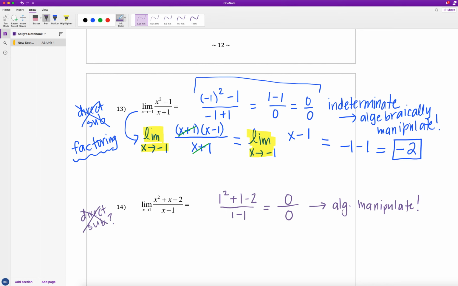So what else do you think that we could try? So we can go ahead and factor this limit again. So I still have the limit as x approaches 1. Since I haven't taken the limit, I'm going back and starting from scratch since direct substitution did not work. And instead, I'm going to factor this.